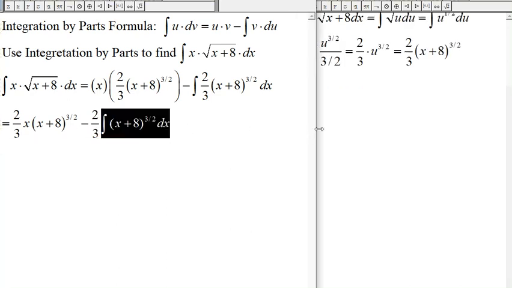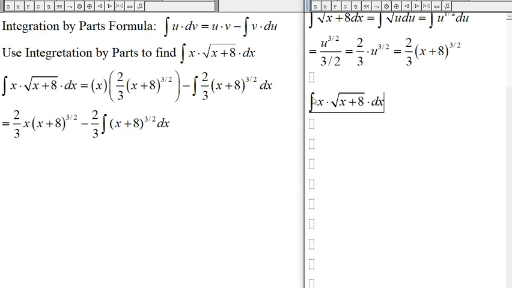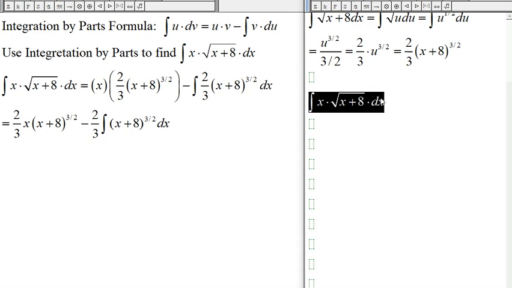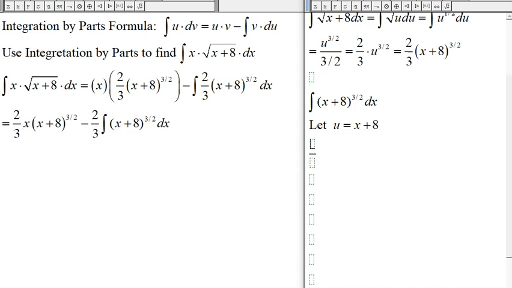And to get this integral, we'll do something similar to what we did earlier. So to find this integral right here, again we'll let u be x plus 8. So du/dx is equal to 1 plus 0, which is 1.